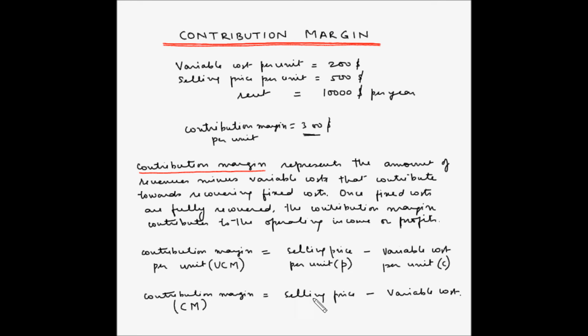The total selling price is the multiplication of the unit selling price and the quantity produced. So let's say the quantity produced is Q, and this multiplied by small p, which is the unit selling price. Similarly, the variable cost is a multiplication of the variable cost per unit and the number of units produced. So if the number of units produced is Q and the unit cost is c, then Q multiplied by c is the total variable cost.